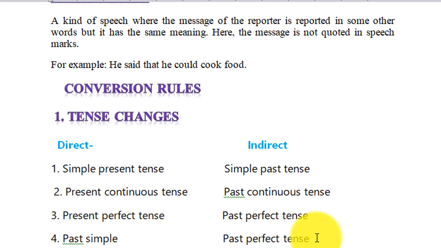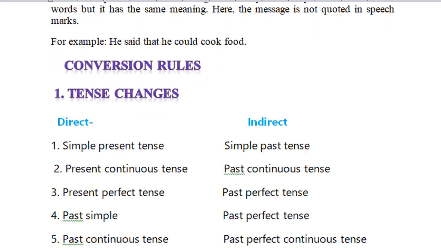The past continuous can be changed into the past perfect continuous, for example was or were plus ing becomes had been plus ing. Simple future, will plus verb 1 or shall plus verb 1, becomes the present conditional, would plus verb 1 or should plus verb 1.